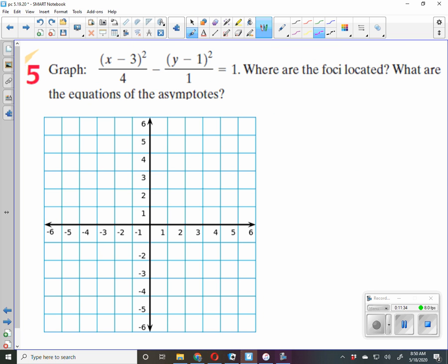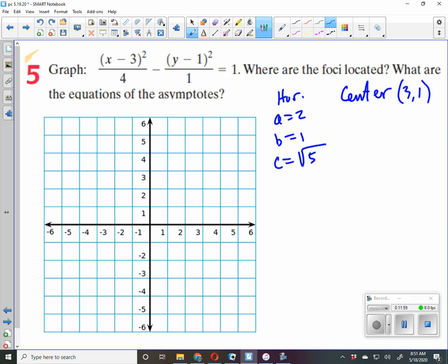We know that this is going to be a horizontal hyperbola. A is 2, B is 1, C is going to be the square root of 5, and I'll let you do the calculations on that. Notice that we have a center. The center now is at 3, 1. Okay, that's interesting.